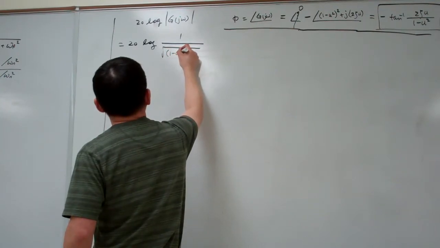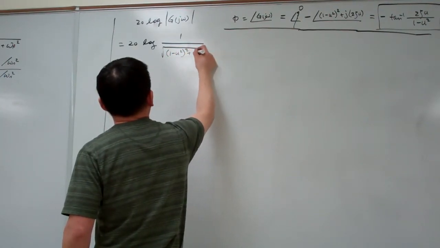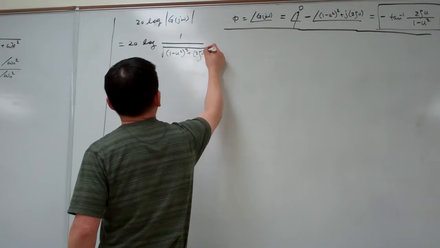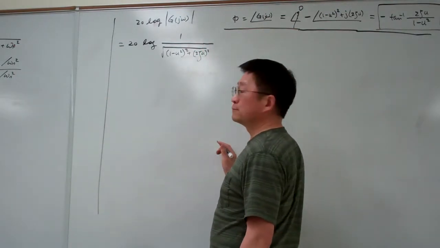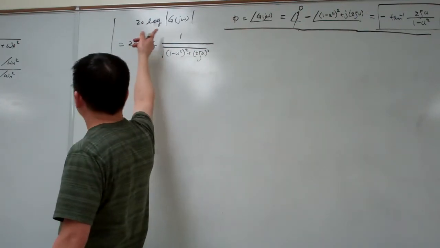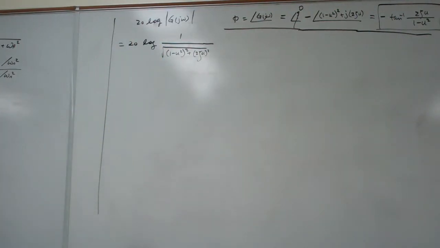The real part plus the imaginary part. Again, this is a complex number, so its magnitude applied to the whole thing is 1 over the denominator.